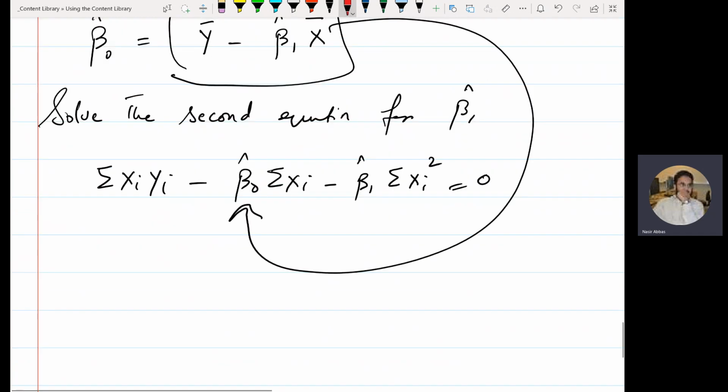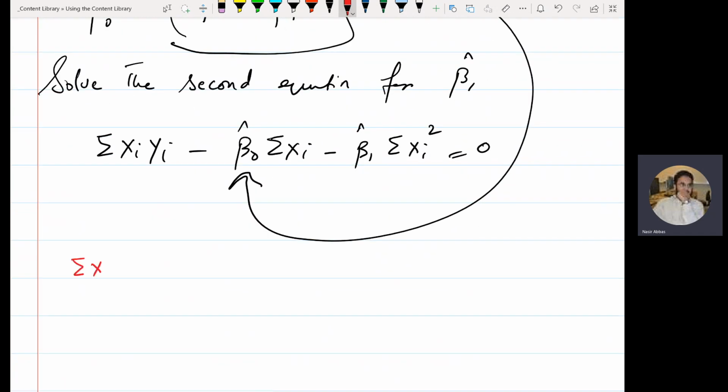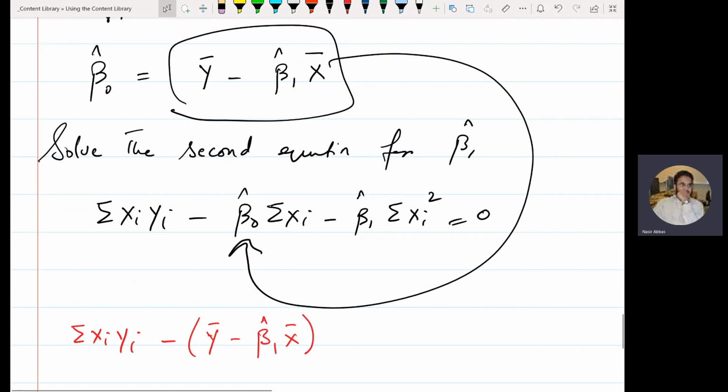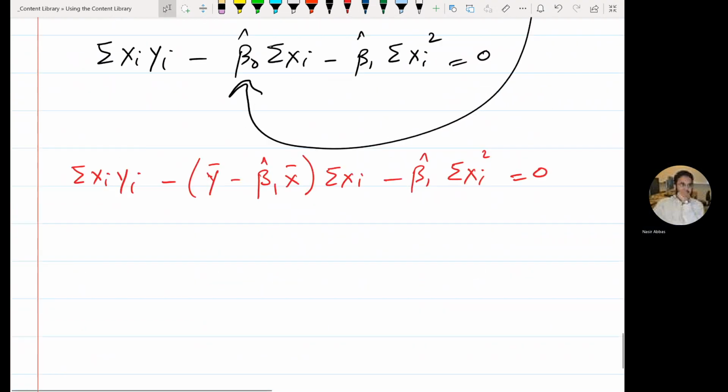When I put it in there, I get summation of xi yi minus y bar minus beta 1 hat times x bar, times sum of xi, minus beta 1 hat times sum of xi square. I get this.